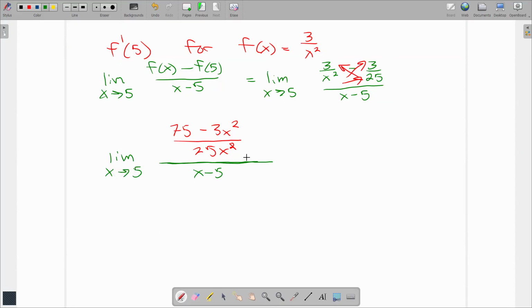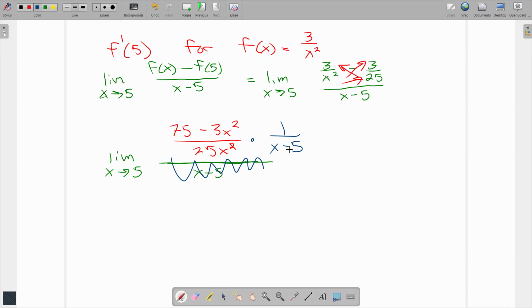Okay, what can I do next? Well, dividing by something is multiplying by the reciprocal. So I could, let's use a different color, take this out and multiply by 1 over x minus 5. Dividing by something with fractions is multiplying by the reciprocal. So I'm multiplying by the reciprocal of x minus 5, which is 1 over x minus 5.